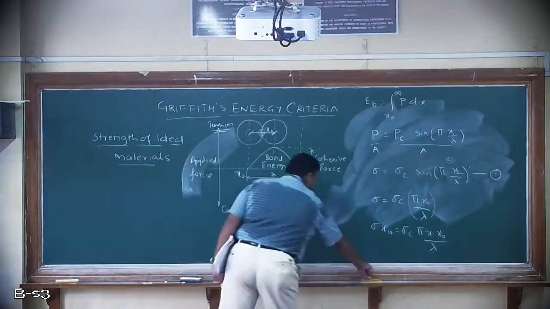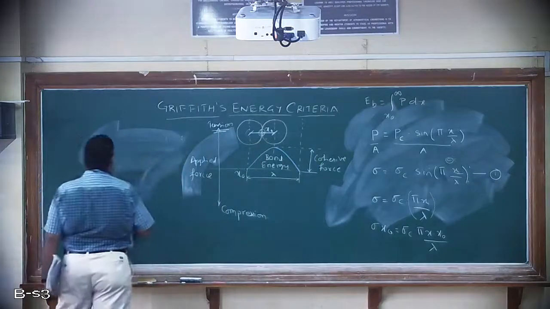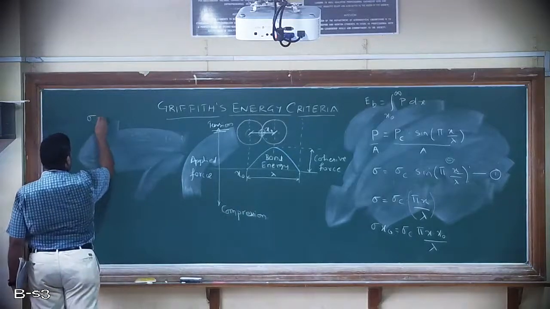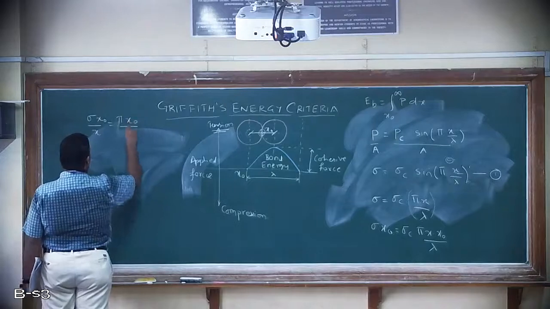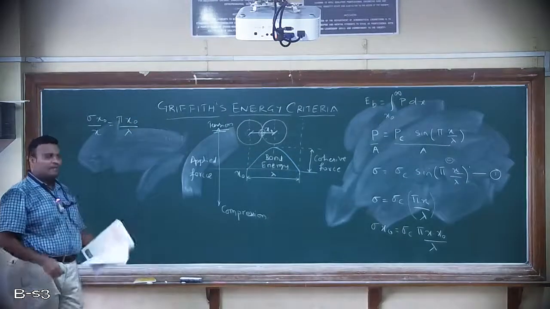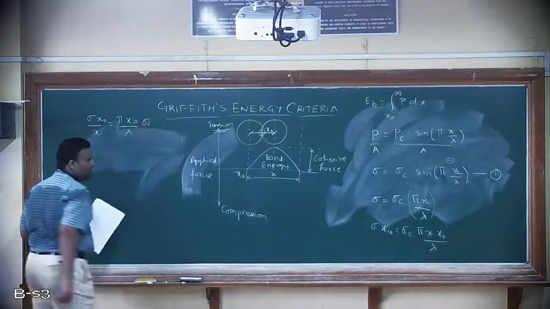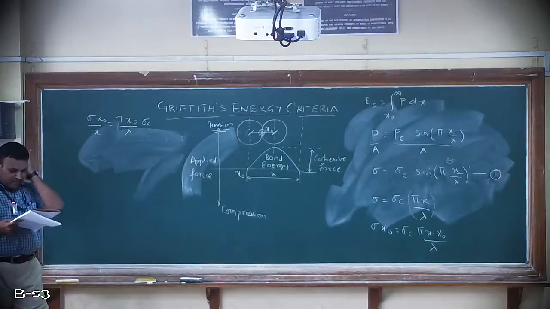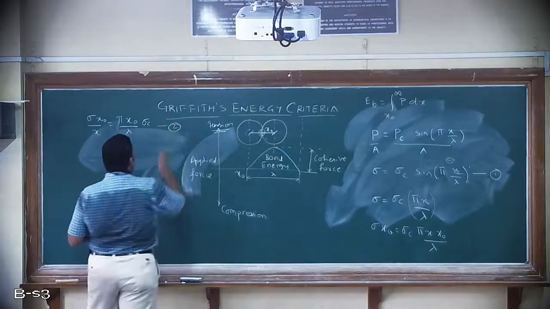So I can write sigma x naught upon x will be equal to pi x naught upon lambda into sigma c. Is that clear? So I take this as equation number 2.